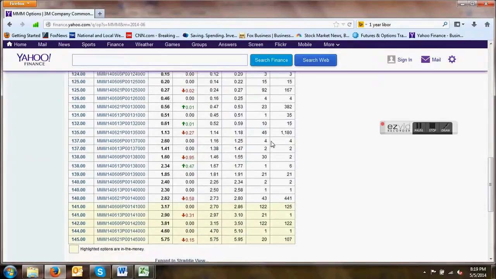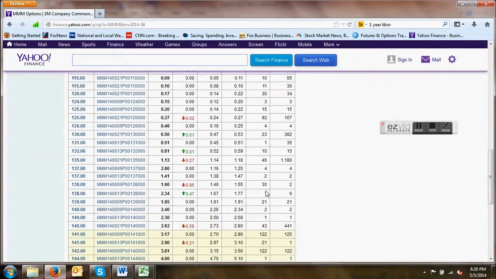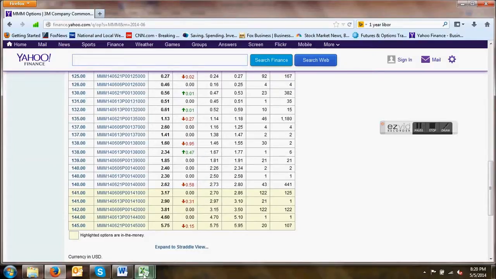And for the put at 140 strike, we had only 43. So if you have more calls than puts, obviously people buy calls because they think the price is going up, then the implied volatility that comes out of the call option should be weighted more than the implied volatility from the put option. So the actual implied volatility is going to be this function right here.